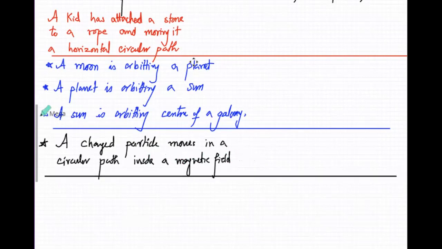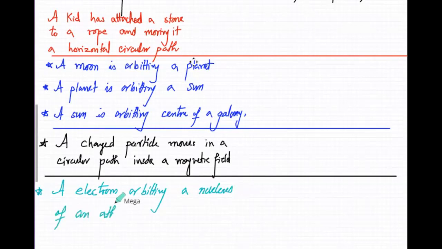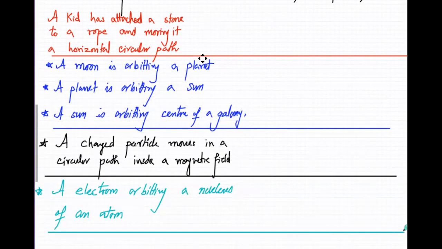Then an electron orbiting a nucleus of an atom. So who or what provides centripetal force in these cases?